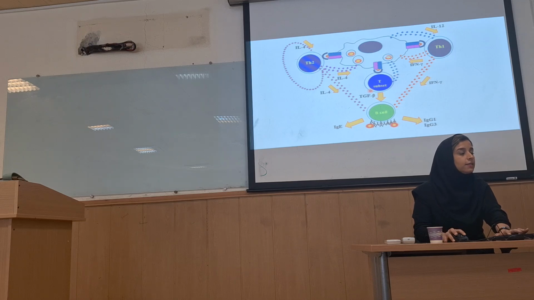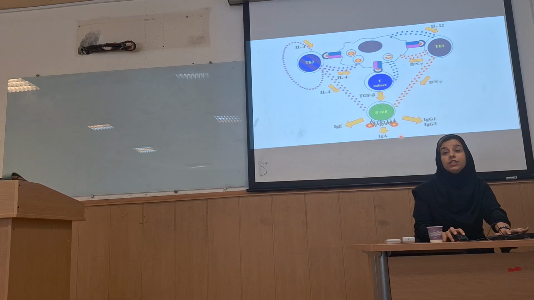But these T helper 3 cells are able to produce TGF-beta, and TGF-beta affects lymphocyte B cells, stimulates these cells, and these cells start producing the IgA class. And the IgA class of antibody in our adaptive immune system is very, very important in defense against viral and bacterial infection in mucosal membranes.